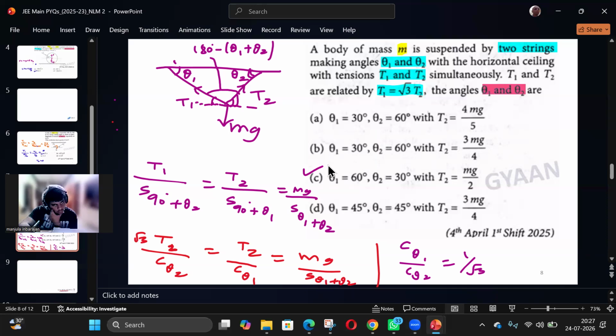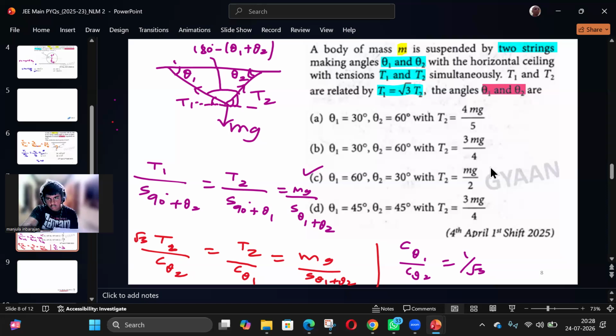Okay, but how to find T2 on one side? So theta 1 plus theta 2 will be 90.